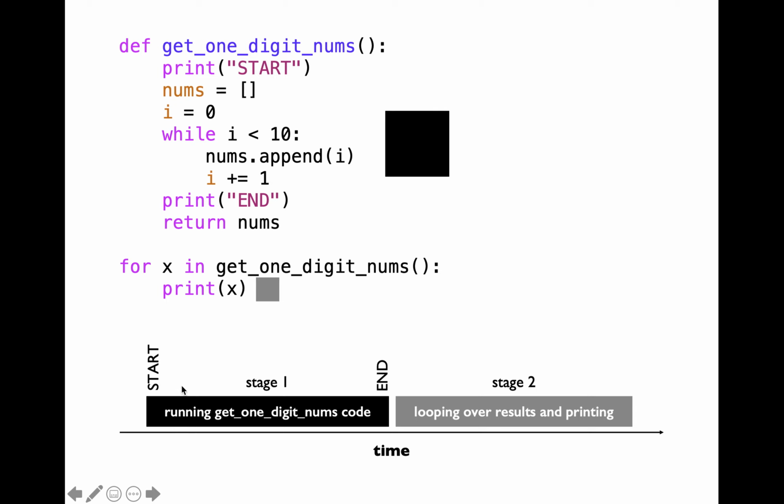So you're going to display start first, and you're going to populate the nums list, and then you're going to display end. Only after this function is done executing, this particular gray block of code is going to execute, which is the body of your for loop over here. And you'll be looping over every item that you generated as part of the nums list which got returned.